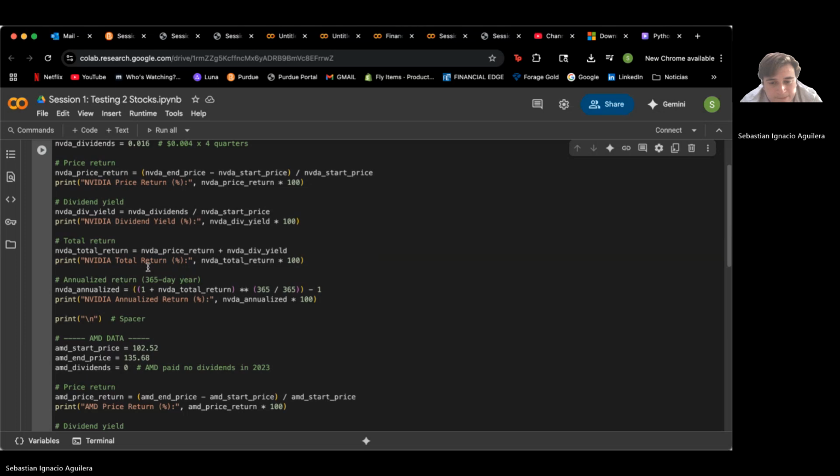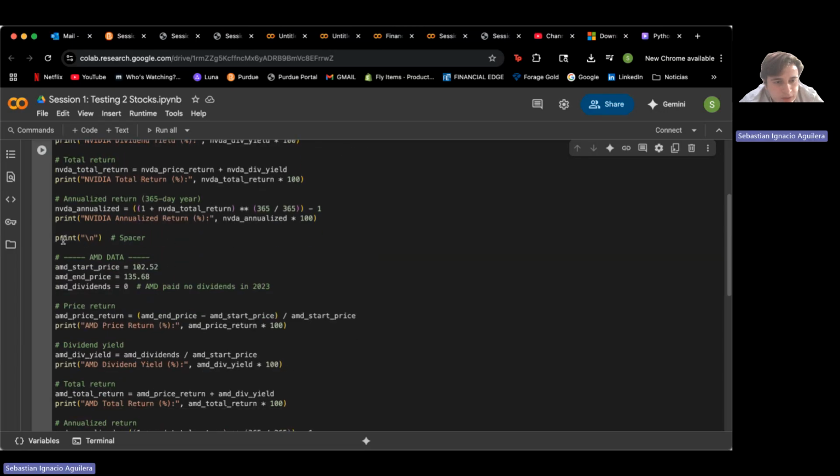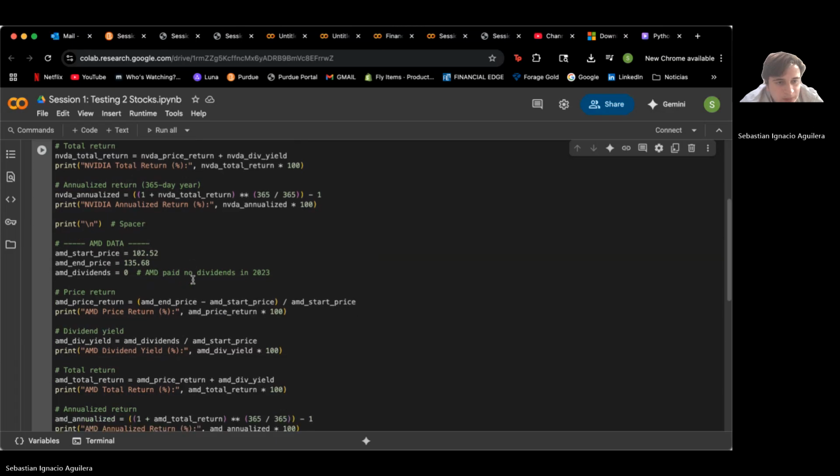And this is important to mention: since this is a 1 year period, the annualized return is essentially the same as the total return. Then we used print \n to get the data for all of this.